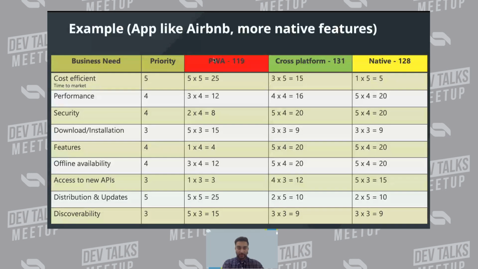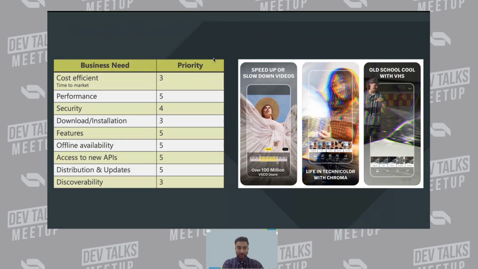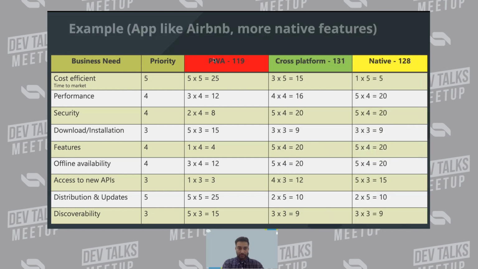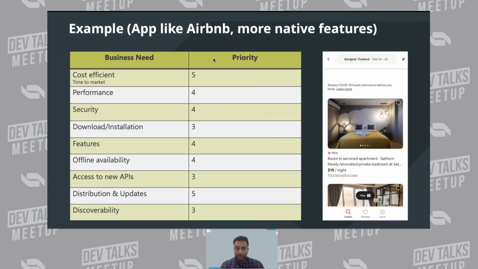So let's consider a slightly improved version of Airbnb, where we want more hardware features. We want it to feel more like a native app, and we want to give more features, maybe geofencing.